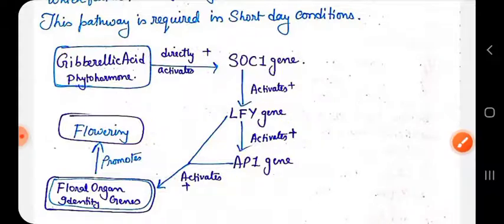I hope you have understood this pathway. It's very easy. Directly you see that gibberellic acid is activating the SOC1 gene, which is an activator gene, which activates the initial class 1 genes of floral meristem identity genes, which finally activate the floral organ identity genes, which promotes the flowering.